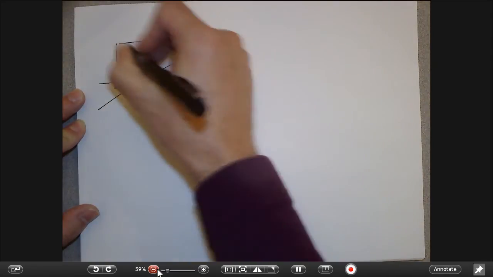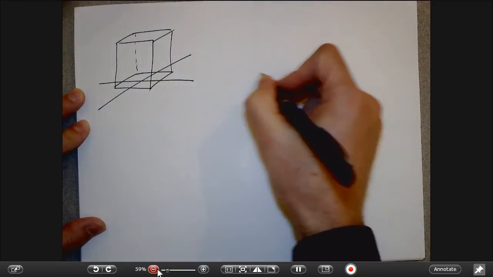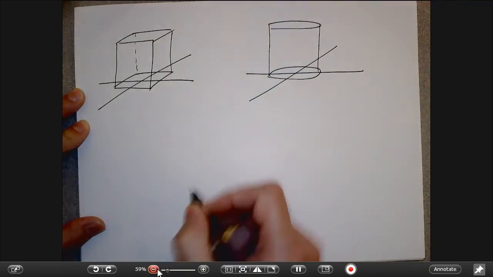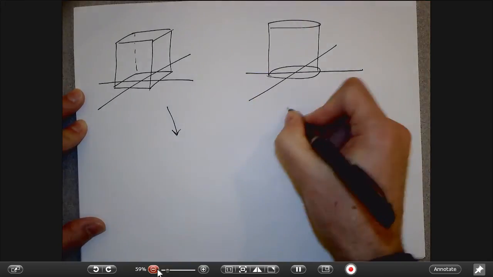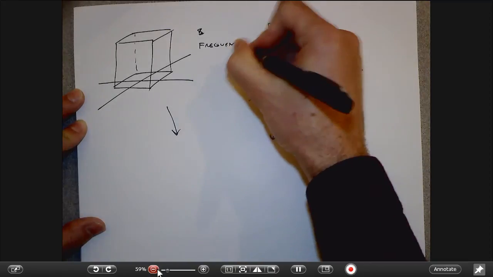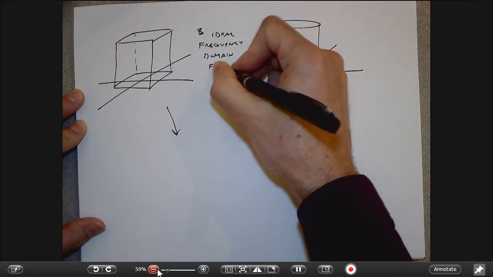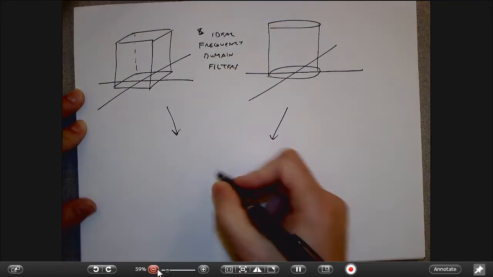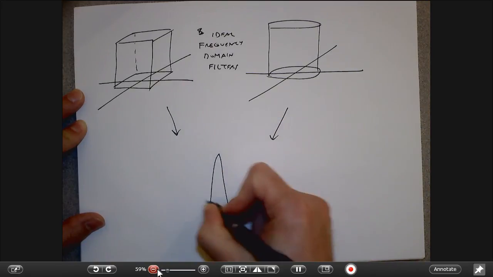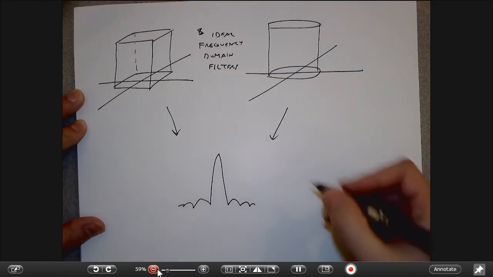So this is the footprint of my filter, and it looks like this, right? Either this or a footprint that looks like this, where I have a cylinder. Either of these, if this is the spatial domain or this is the frequency domain, say ideal frequency domain filters, is going to lead to a time domain filter that has some sort of bounciness to it.